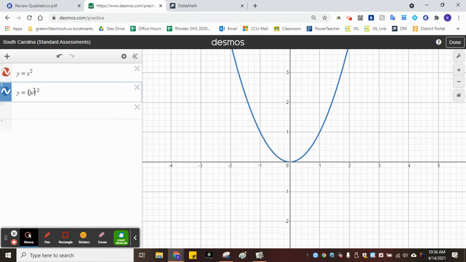Right 3. So then you try inside. That moved it left. We don't want to move it left. That moved it up. So it's inside, but instead of plus 3, it's minus 3. So minus 3 moved it to the right 3.